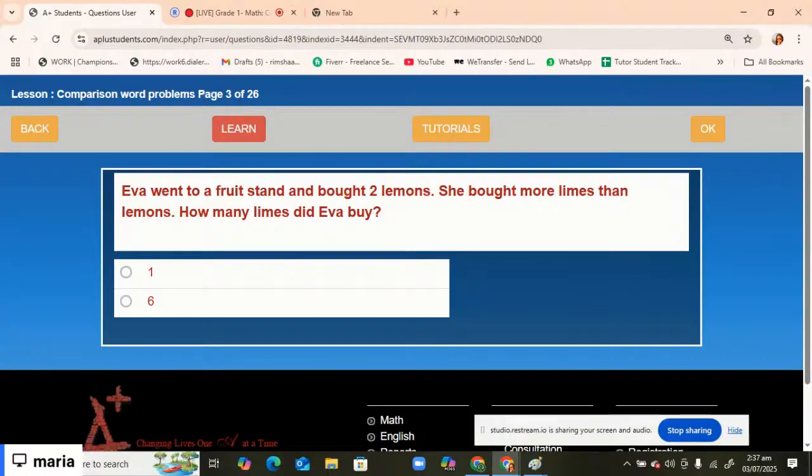And she bought limes as well, but the lime amount is greater as compared to the lemons. So, how many limes did Eva buy? One or six? One is greater than two, or six is greater than two? Yes, six is greater than two. So, we are just putting six here.